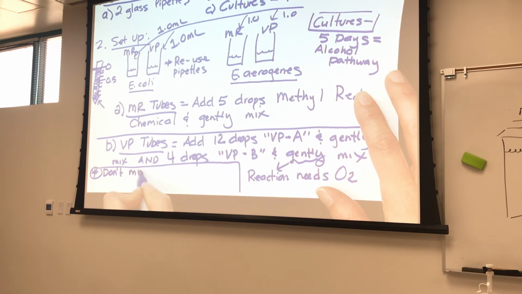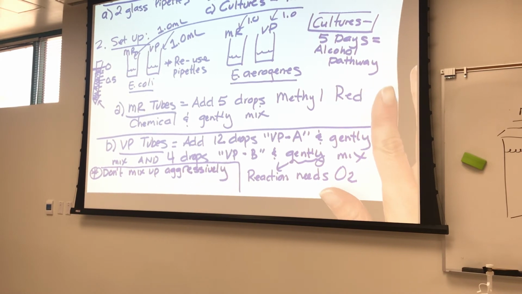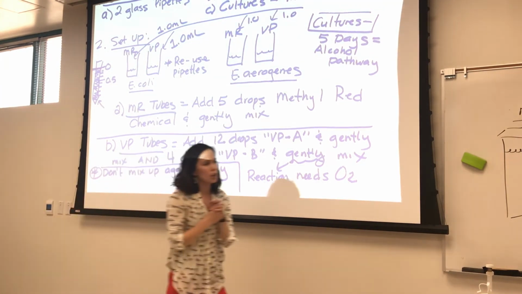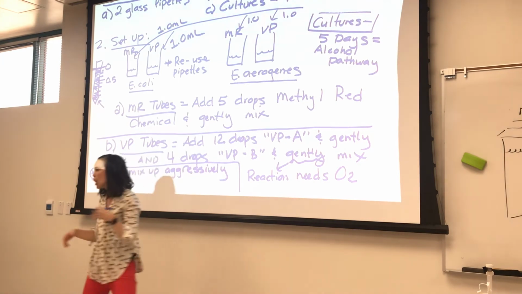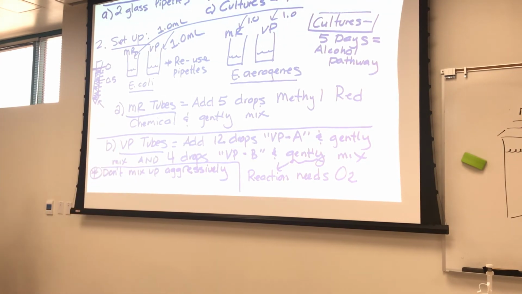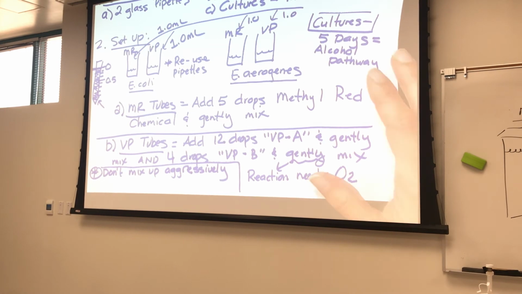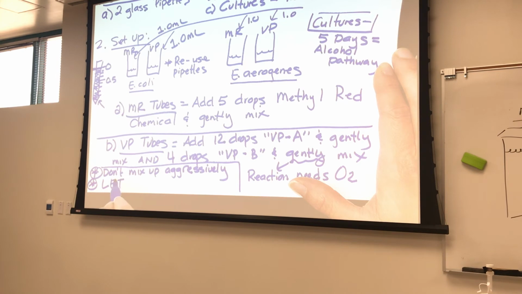Don't mix aggressively, because for whatever reason, sometimes the chemicals go crazy and start reacting with each other, and then it turns a murky color, and it's really hard to see the red. So just do a gentle mix, and then when you're done with the gentle mix, just let them sit. Don't touch them anymore. Just let them hang out.